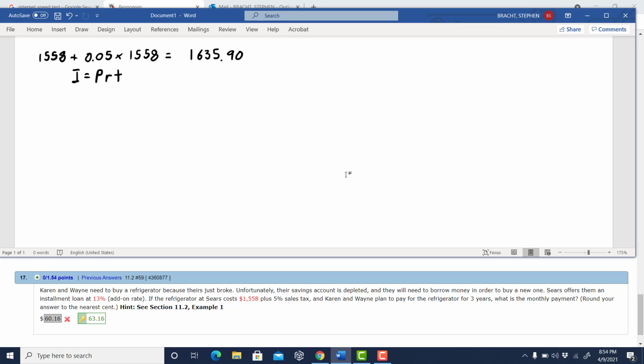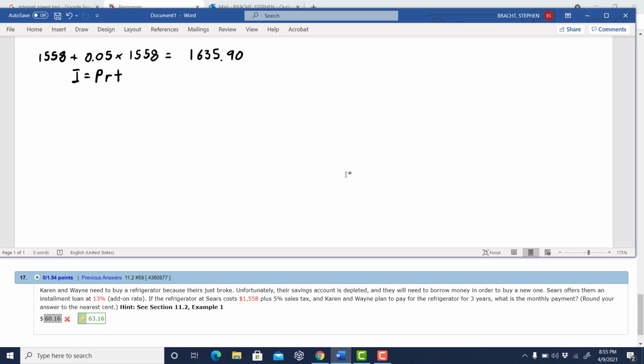So 1635.90 is the principal, R is 0.13, T is 3. Work that out and then add the interest on to the principal, right? The principal plus the interest would be the total amount that they would have to pay back with the loan.